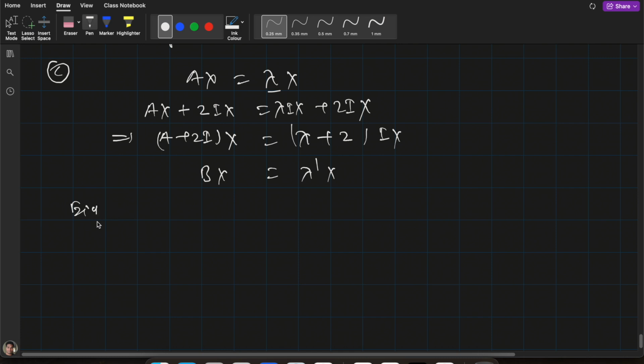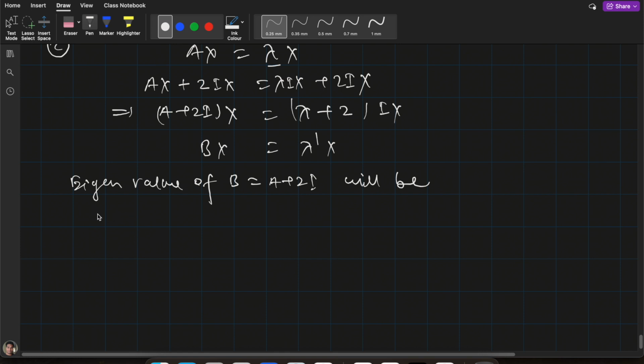the eigenvalues of B equal to A + 2I will be what? They will be λ1 + 2, λ2 + 2, λ3 + 2.